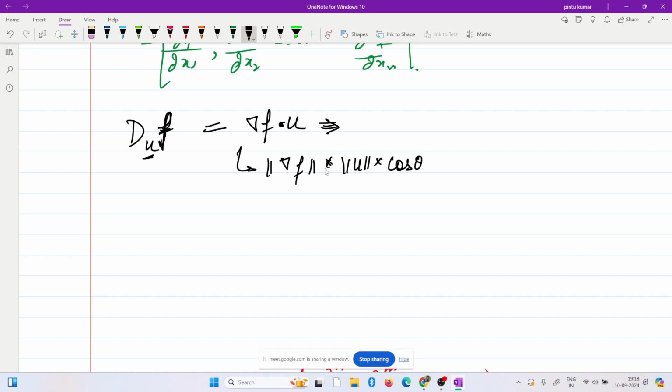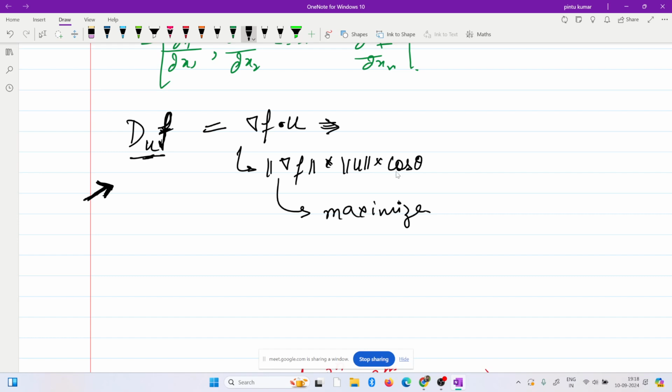Now, let's say I want to maximize this thing. I'm looking for a direction in which, if I move, my function will increase the maximum. The directional derivative gives you the change in function value if you move in this particular direction, right? So I want to look for a direction in which I'll get maximum change.